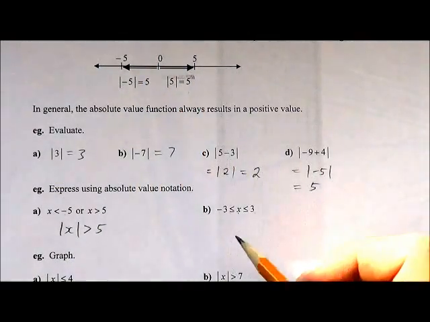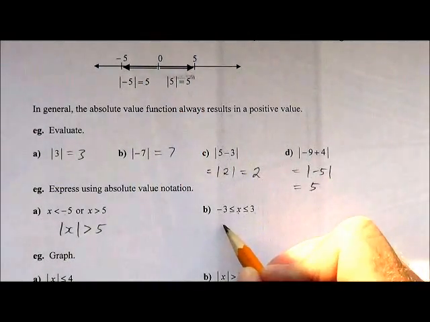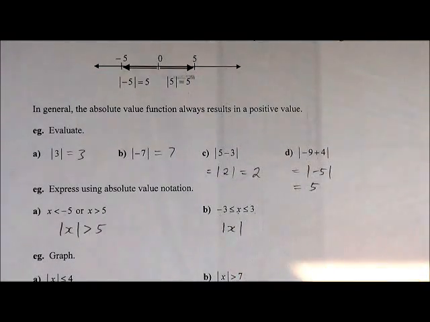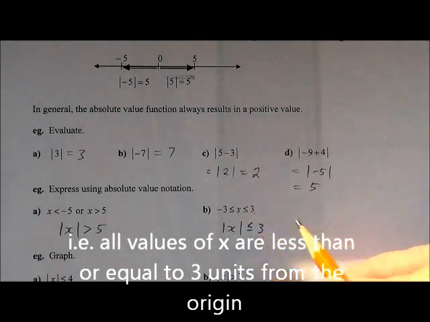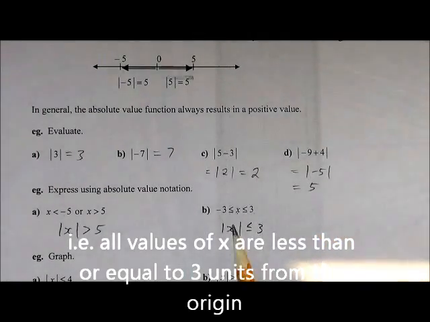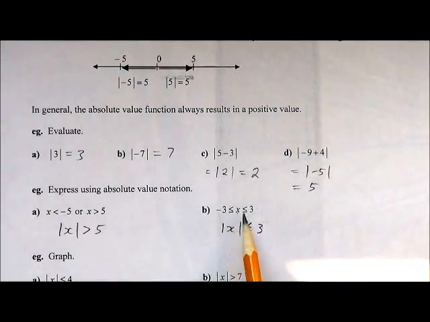So then we could say here that the absolute value of x is less than or equal to 3, because all the values are less than 3 units away from the origin on either side of 0.